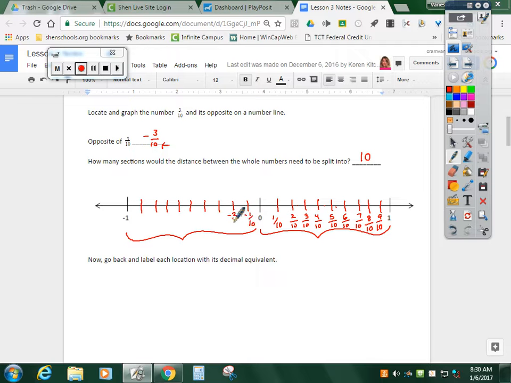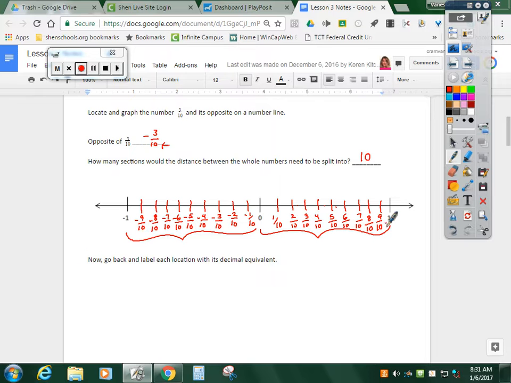This is negative 2/10, negative 3/10, negative 4/10, negative 5/10, negative 6/10, negative 7/10, negative 8/10, negative 9/10. Okay, beautiful. So those are all rational numbers. There are so many little pieces in between every whole.